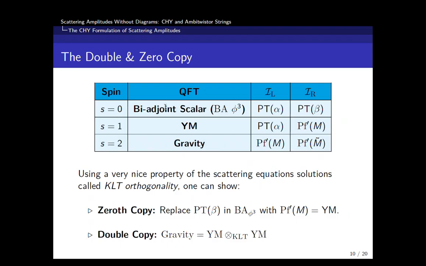This uses a very nice property of the scattering equation solutions called KLT orthogonality, which, if you look at any Sebastian Mizera papers, is the best place to look at that. KLT orthogonality of the scattering equation solutions has its origins in string theory, but it means that you can glue these half integrands together to get various theories from one another.